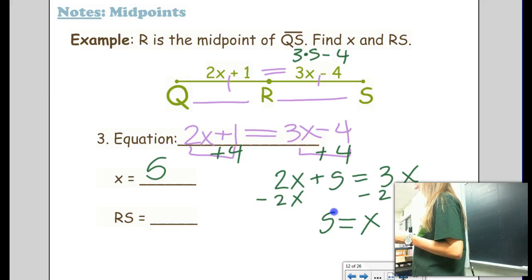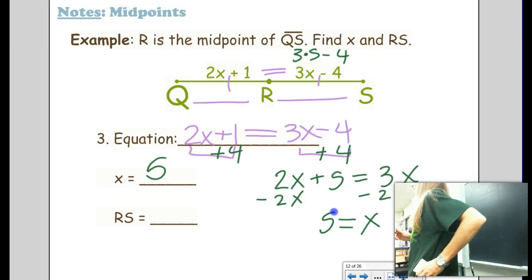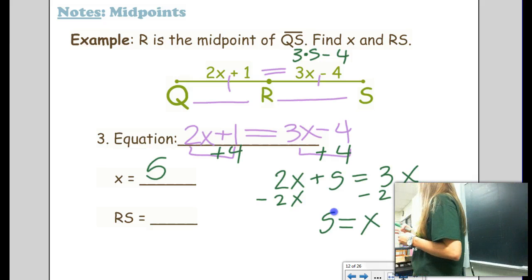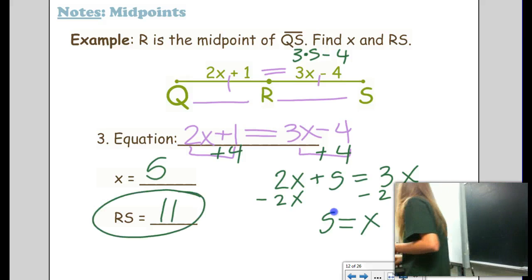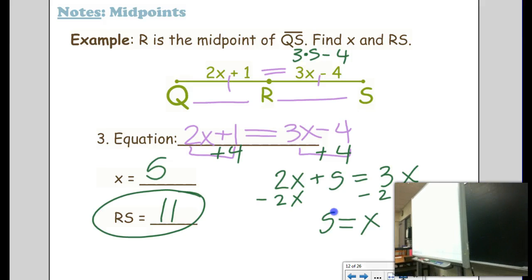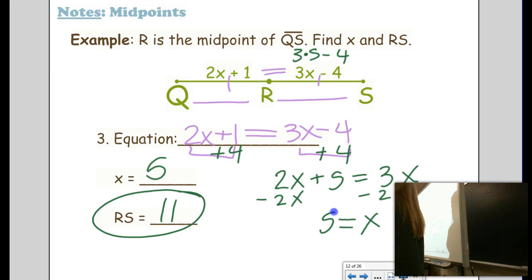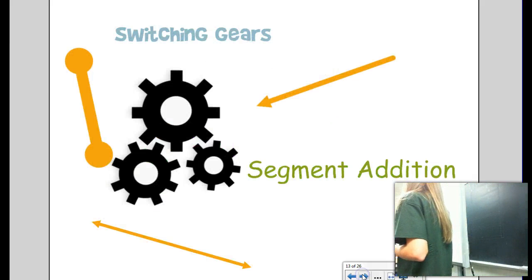Jessica, what do you get? 11. Ding, ding, ding. So if RS is 11, Betty, how long is QR? 11. Very good. And Jared, how long is QS? You can do it. 11 times 2. 22. Okay, let's move on.